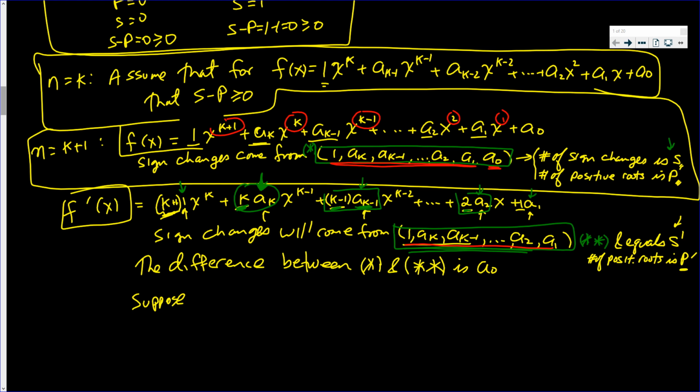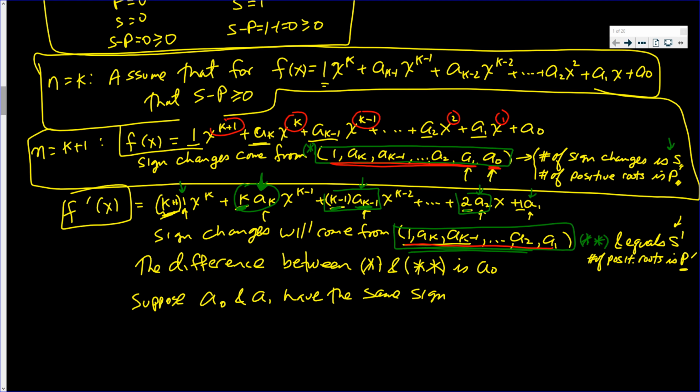Now, suppose that A0 and A1 have the same sign. That is, those two have the same sign.